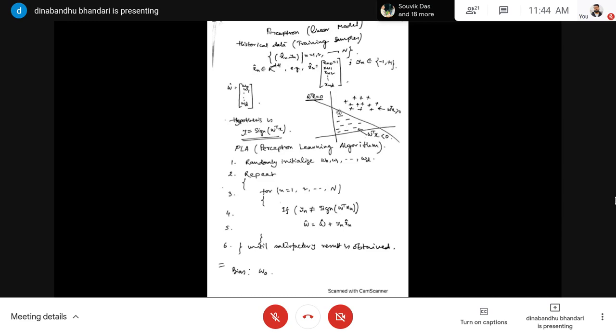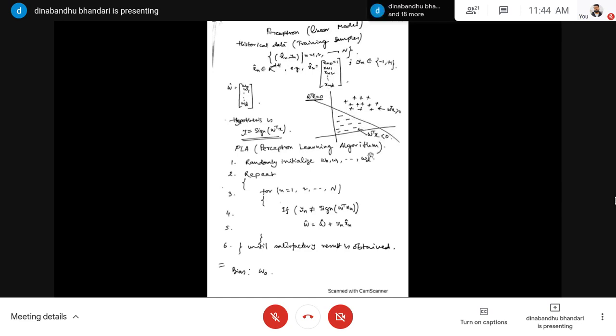It's like ax plus by plus c equal to 0. So we have got a, b, c, three parameters. Here it is in two dimensions. So if you had xn1 and xn2, we are multiplying xn1 with w1, xn2 with w2. How about the constant term?